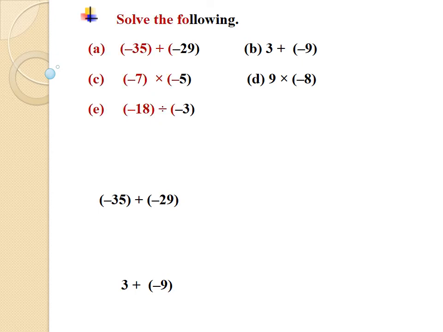Solve the following. Students, before solving these sums, let us quickly revise the important points again. Rules for addition of integers. Rule number 1. When adding two positive or two negative integers, that is, while adding integers of the same sign, simply add the numbers and put the same sign.